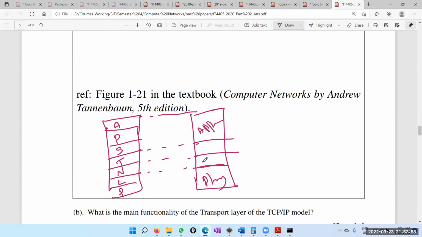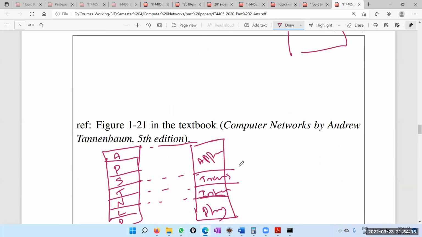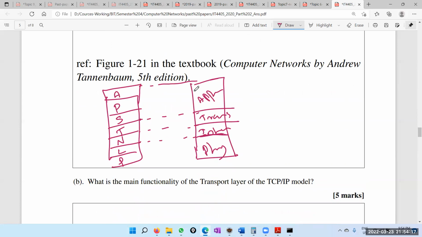And this is called the internet layer. The network layer is the internet layer, and the transport layer is just the transport layer. TCP/IP reference model. So you have to draw this one. I guess you have to draw it.